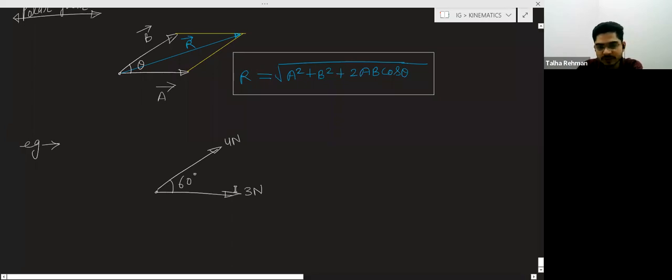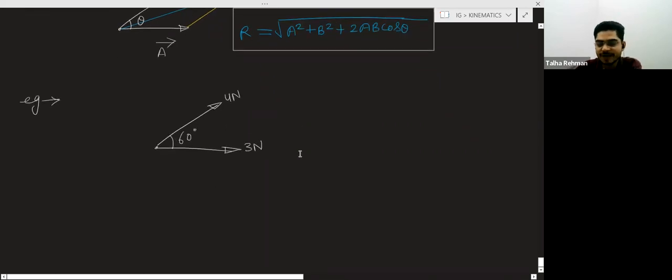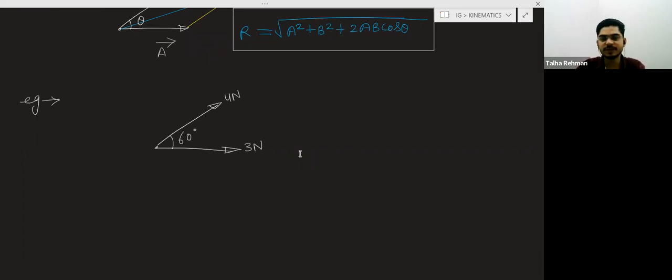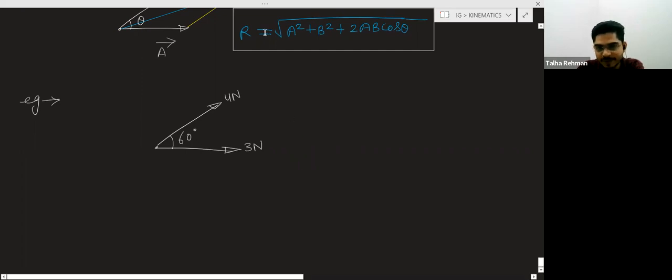This is one force in this direction, this is another force in this direction, and we have to find the magnitude of the resultant force. So we have a direct formula for finding the resultant. What is the formula? R is equal to the square root of A square plus B square plus 2AB cos theta.